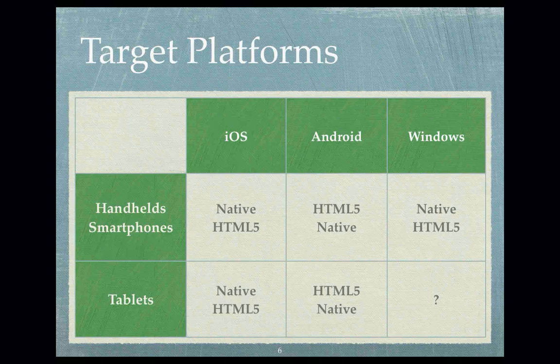Now, the tablets, at the time of this webinar, the tablets that are out under Windows in the past have been compatible with older versions of Windows, more of a desktop release of Windows, but now Microsoft has gone to a new thing called Windows RT, Windows 8. It's more touch-driven than the older traditional versions of the Windows operating system. However, it's not at all clear how difficult or how easy it is to write for the tablets.